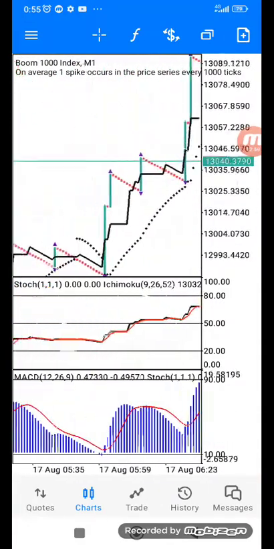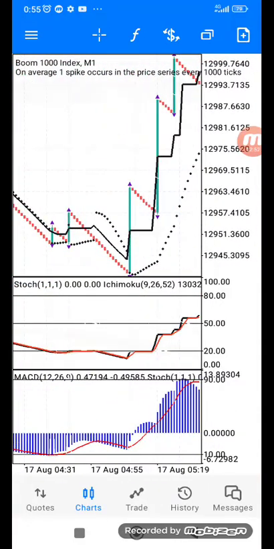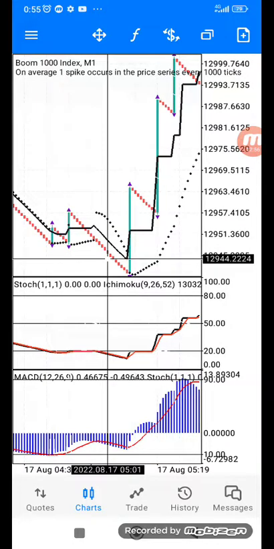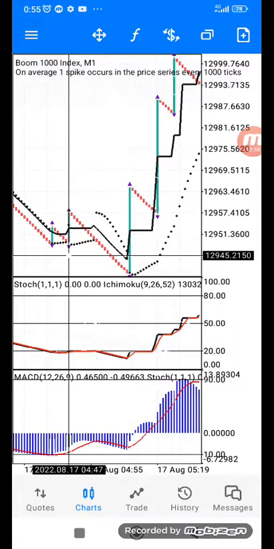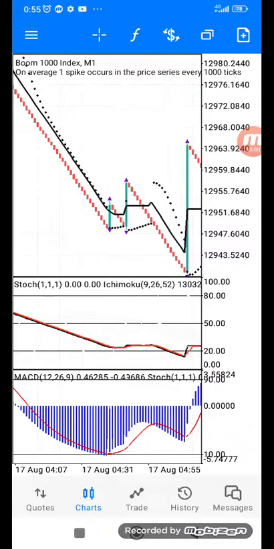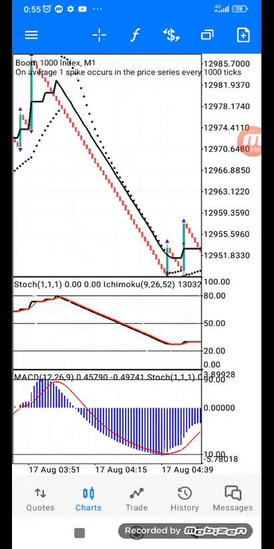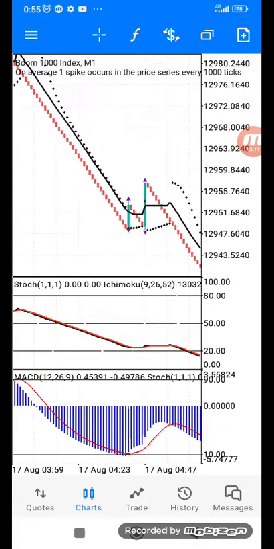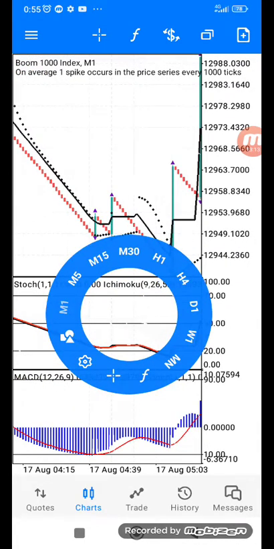Now if you look at this place now, here this is another signal I think we can spot here. Now from here, the Ishimoku line on the first window is coming from 80 down to 20 levels.